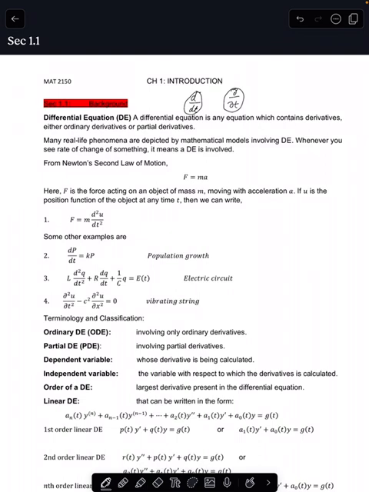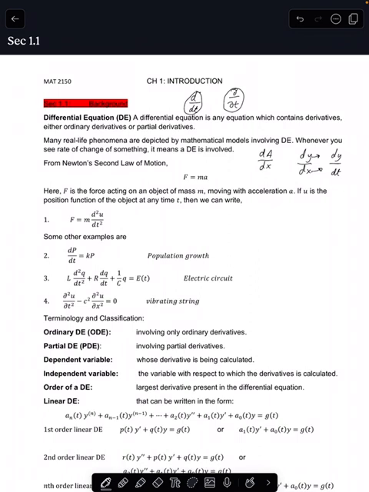Whenever you see the rate of change of something, if you recall from Calc 1 and Calc 2, dA by dx means the rate of change of A with respect to x. dy by dx means the rate of change of y with respect to x. So here we are taking the derivative of y, differentiating it with respect to x. If we say dy by dt, it means we are differentiating y with respect to t.